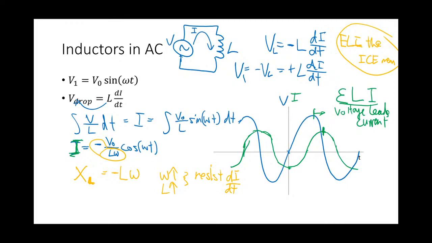I might have said something wrong for the capacitor case, but I guess you can reason it out for yourself. The main thing is these are the expressions we end up with. The bigger the frequency, the bigger the reactance is for the inductor, and therefore the resulting current will be smaller.